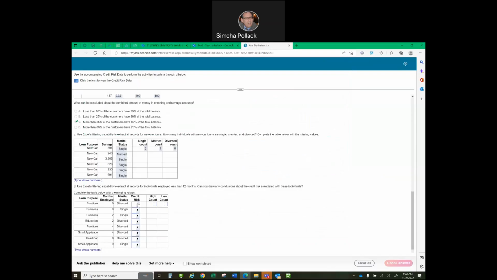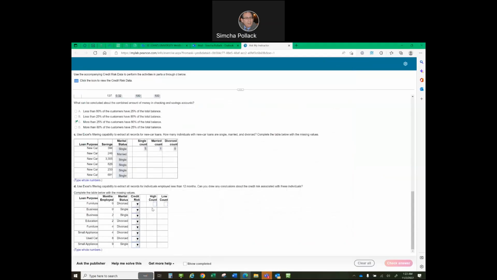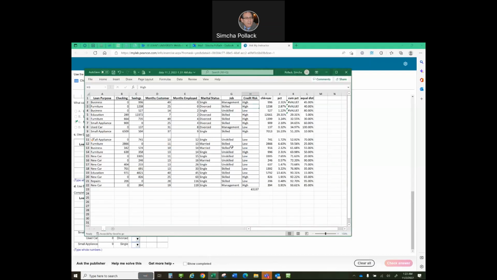What's the credit risk of furniture? Months employed is 0. High. 0 months employed, single.